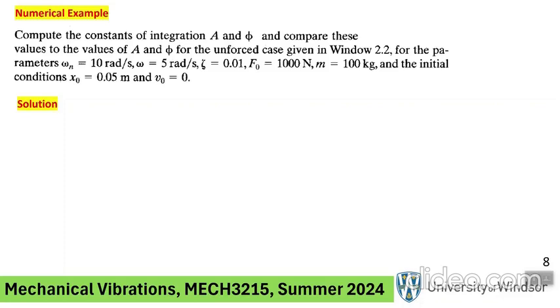Remember, when we did damped free vibration, four lectures ago, we had an expression for big A and phi, which involved x naught and v naught. Today, we did damped forced vibration, and also in it, we have something called A and something called phi.